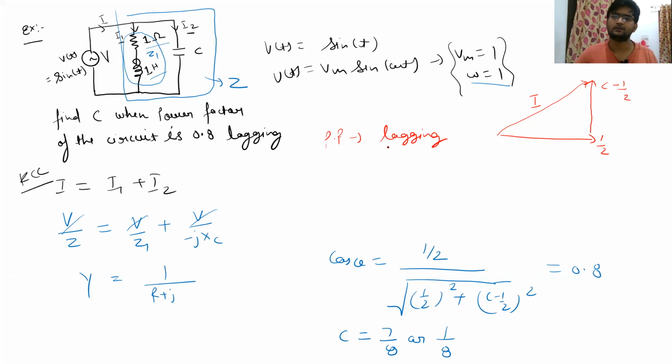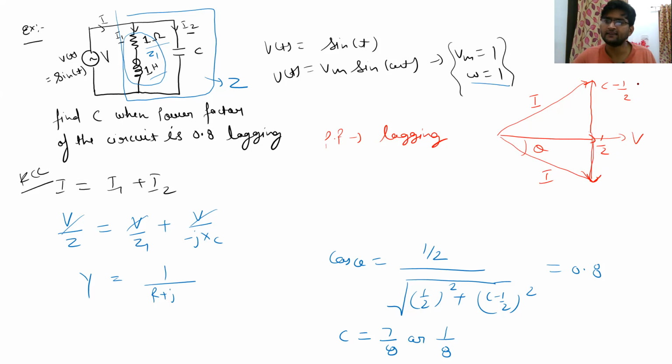Do you remember in which case, the RL case or RC case, the power factor was lagging? It was basically in the RL case, when the current was lagging with respect to the voltage. So in the RL case, the overall impedance function was in negative direction, and so the current actually lagged the voltage by an angle theta.